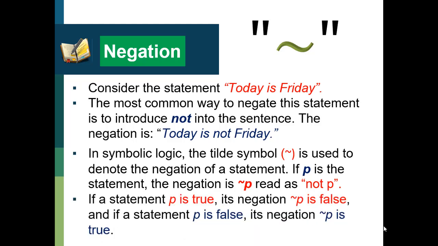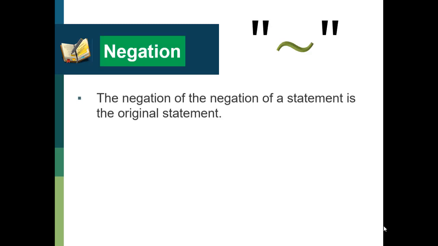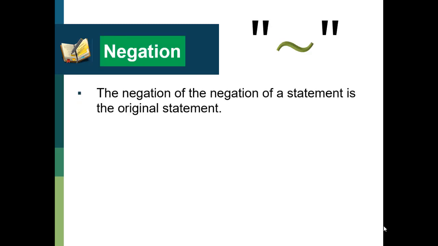And take note of this, if a statement P is true, of course, if you negate it, not P is false. And at the same time, if a given statement P is false, of course, the negation is true. Did you get it? Another thing to take note of for negation.